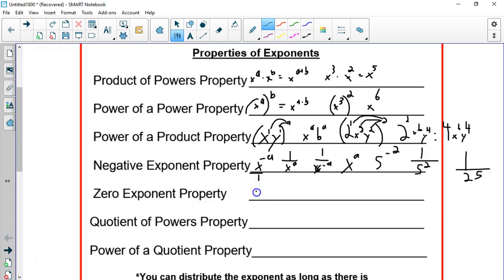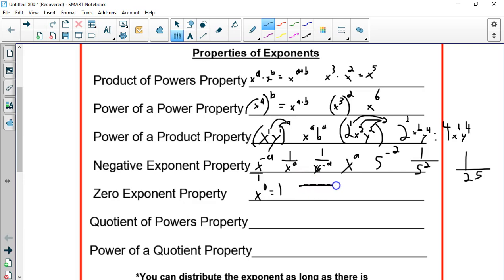Okay, the zero exponent property is very easy. Anything to the 0 is 1. It doesn't matter how small, how big, how simple, how complex. Anything raised to the 0 is 1.